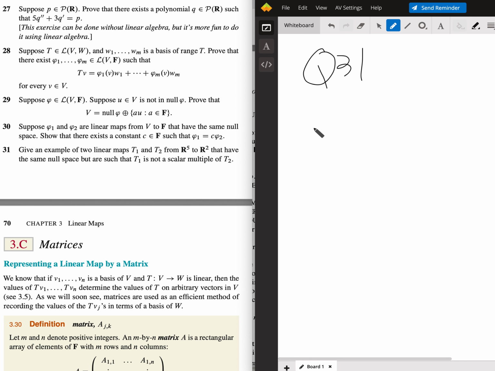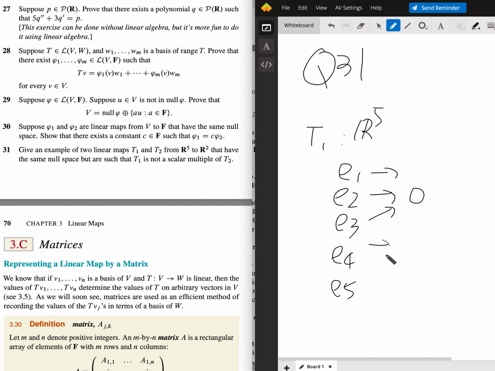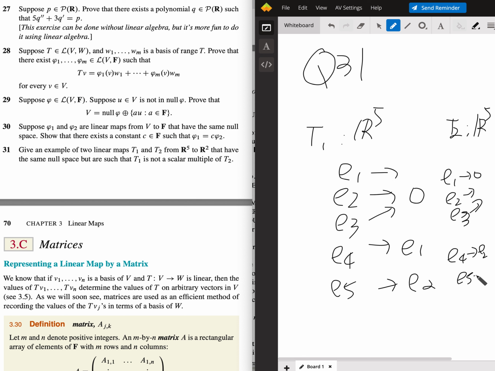Oh, this one is not too bad. Let's say this is the standard basis of R5. If you map T1 this way, and T2: E1, E2 and E3 all map to 0, while E4 maps to E2 and E5 maps to E1.